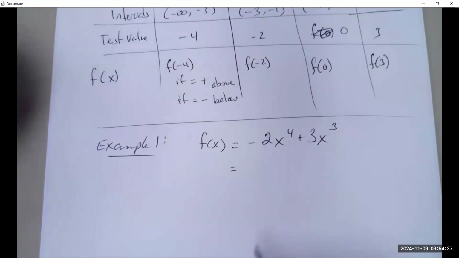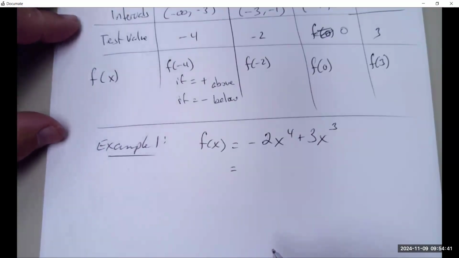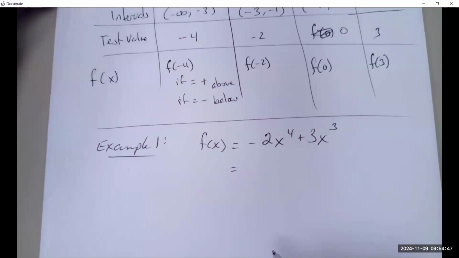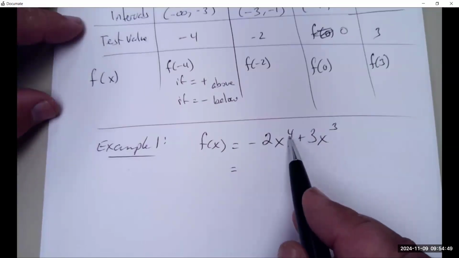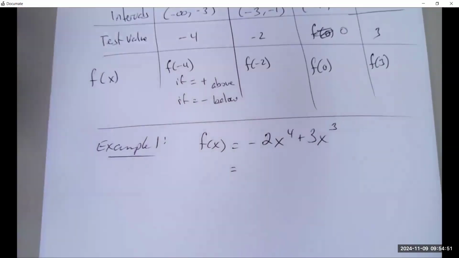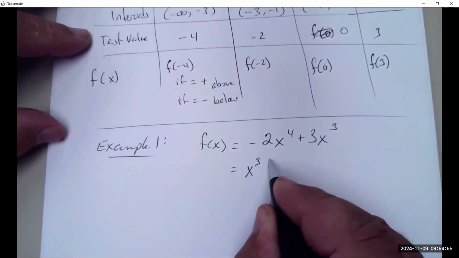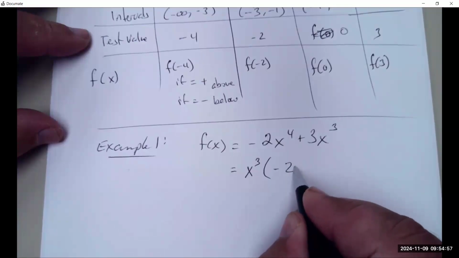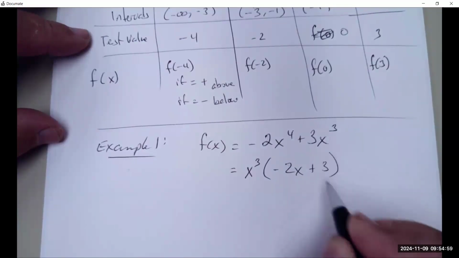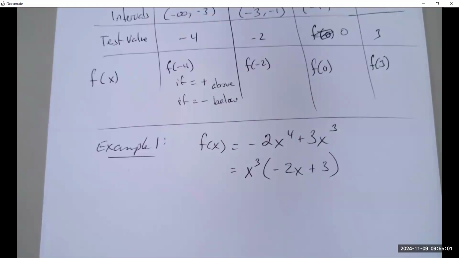Factor. What do they always have in common? How many x's? This one has 4, this one has 3. They have to have more than 2 x's in common. They have 3 x's in common. What's that? You just copy it.